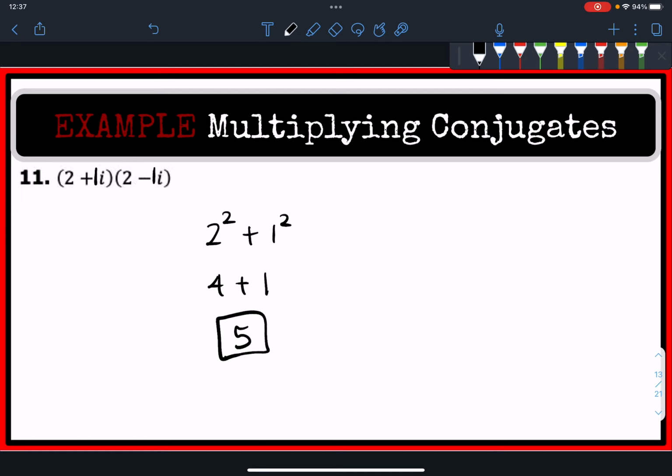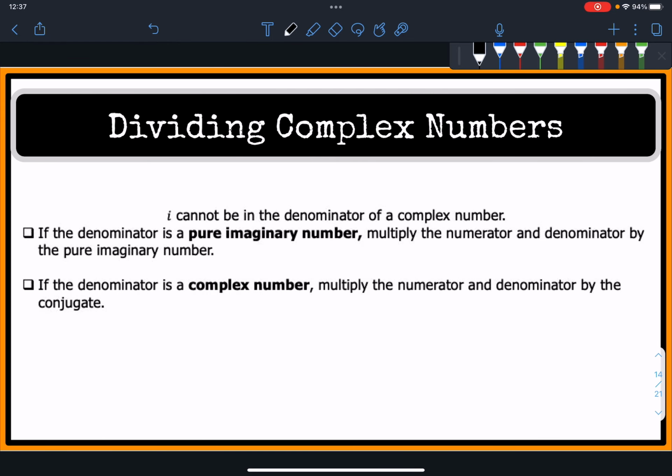Now, this is going to be very helpful and very useful when dividing complex numbers. Because i cannot be in the denominator of a complex number, we have to get rid of it. And there's two ways that we get rid of the i in the denominator. The first method requires us to simply multiply by the pure imaginary unit, not number, unit.